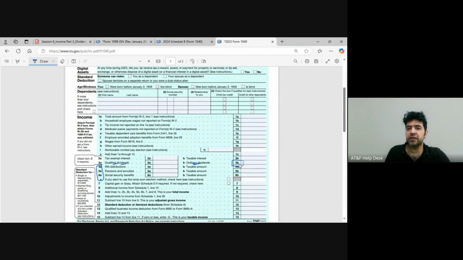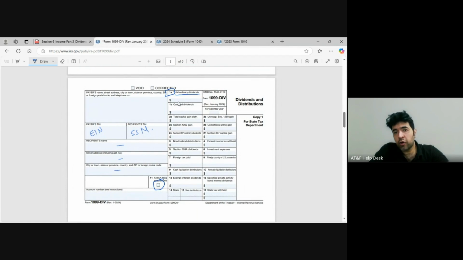Whatever amount is in box 1A will be straight away entered in 3B, which includes normal dividends the taxpayer is getting, plus any distribution as a dividend from mutual funds, and it also includes distributions from other brokers. So all the distributions in the form of dividends will be added here, including qualified dividends.